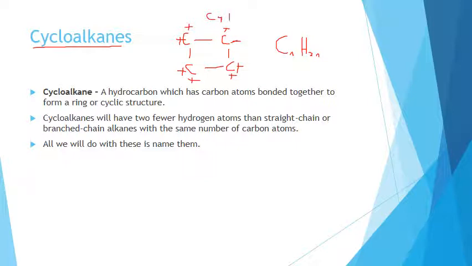So H8. And you don't have to memorize the formula. I'm just showing you that relationship. And so these are called cycloalkanes. So this guy would be called cyclo, because it has 4 carbons. It'd be cyclobutane.